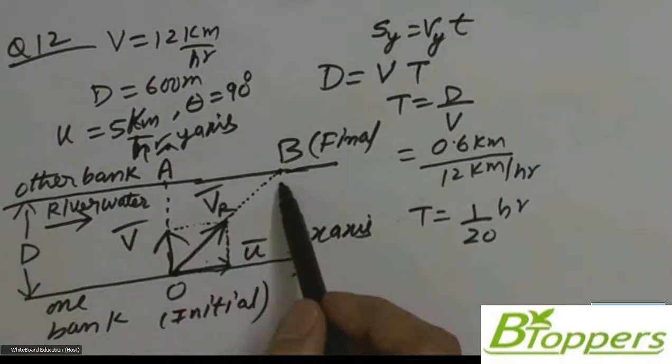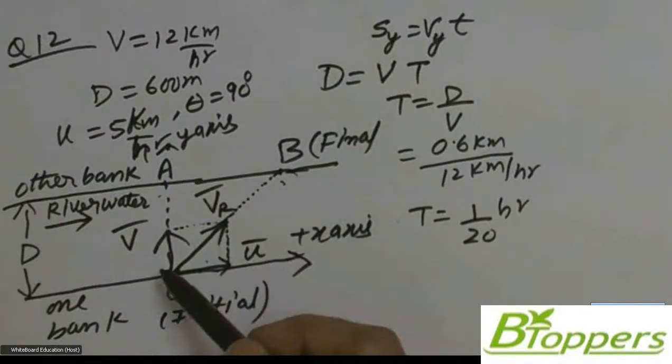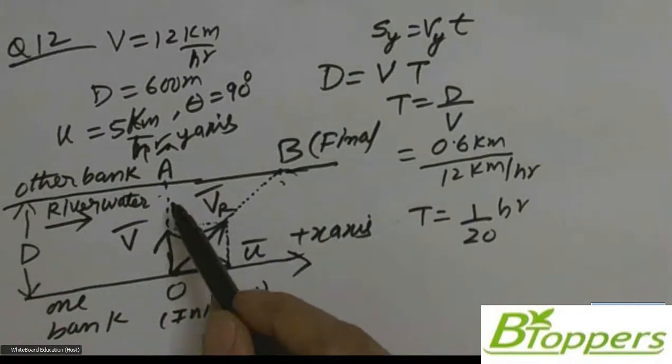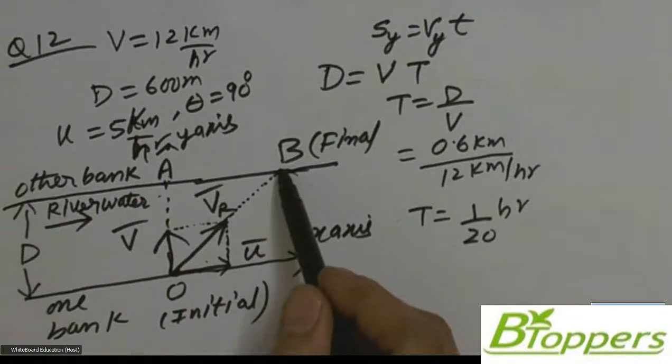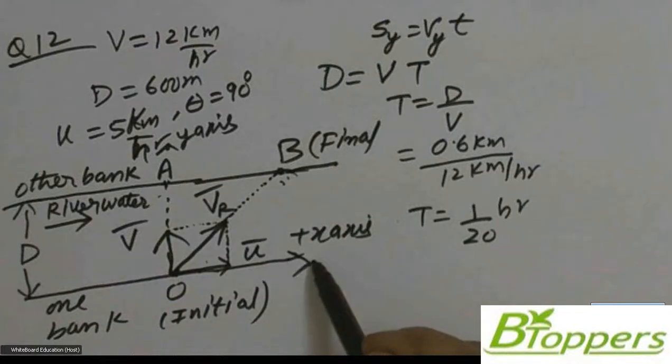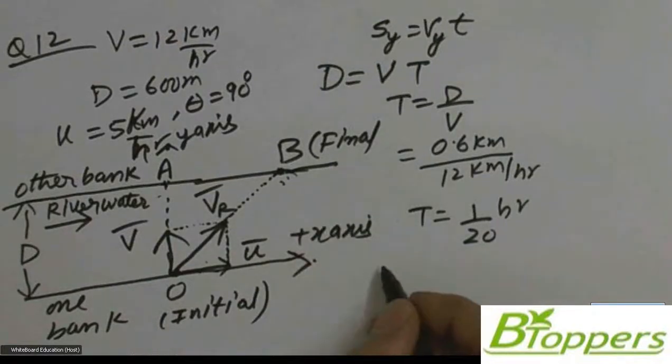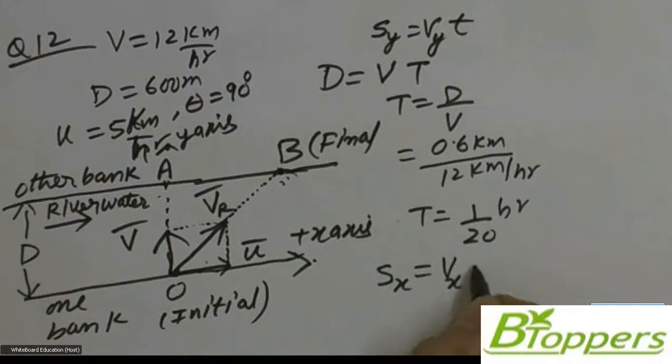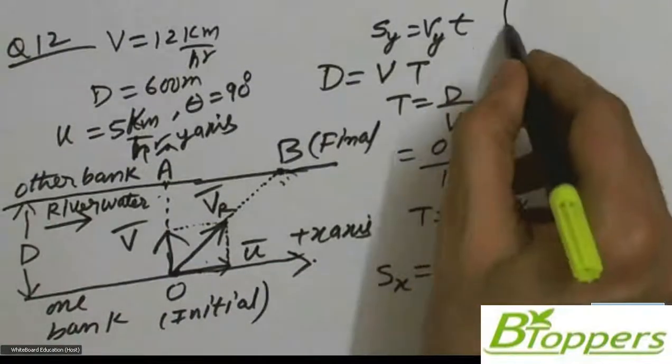You are asked to find the drift. That means you have to find the distance between the points A and B on the other bank. V bar is originally directed toward the opposite point A on the other bank. B is the point at which the boat just reaches the other bank. So the distance from A to B is equal to the displacement parallel to the x direction, which is velocity in the x direction into time interval.